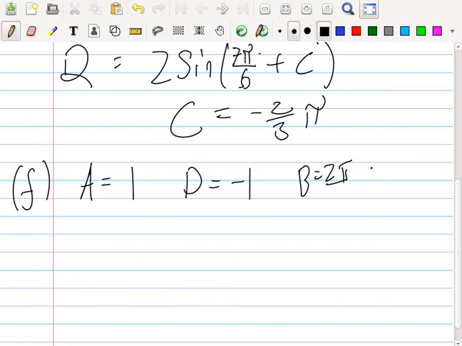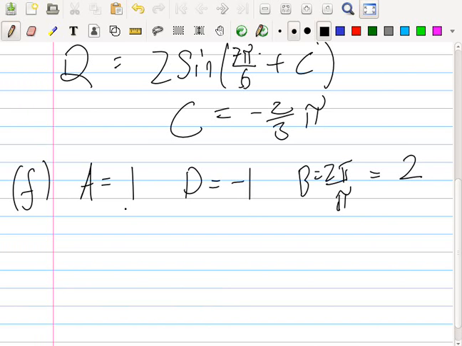A trough. So the length would be from trough to trough. So pi over 8 minus minus 7 pi over 8 is pi. So the length is pi, so 2 pi over pi, 2. So that's the B.